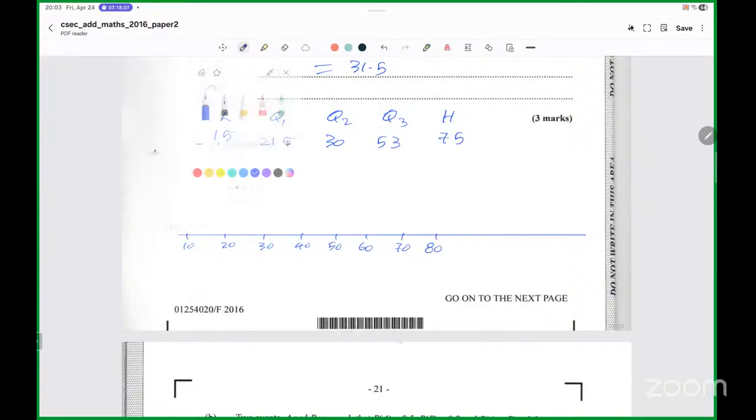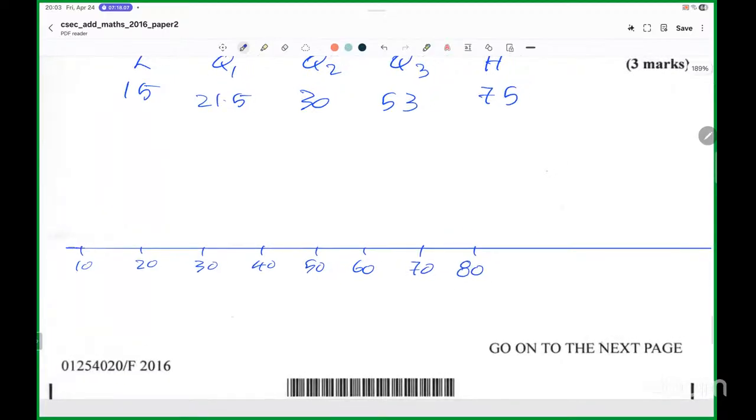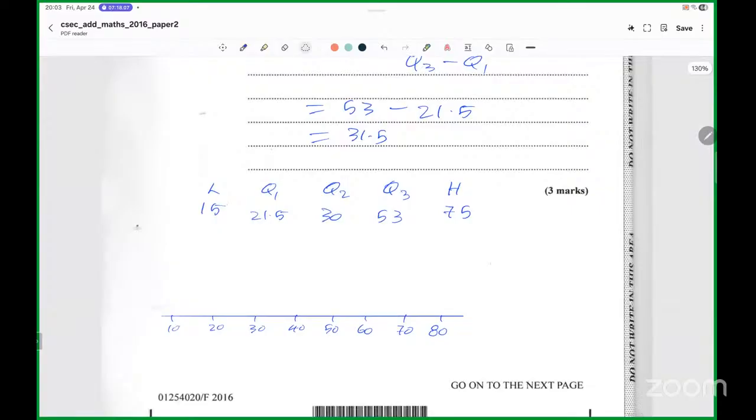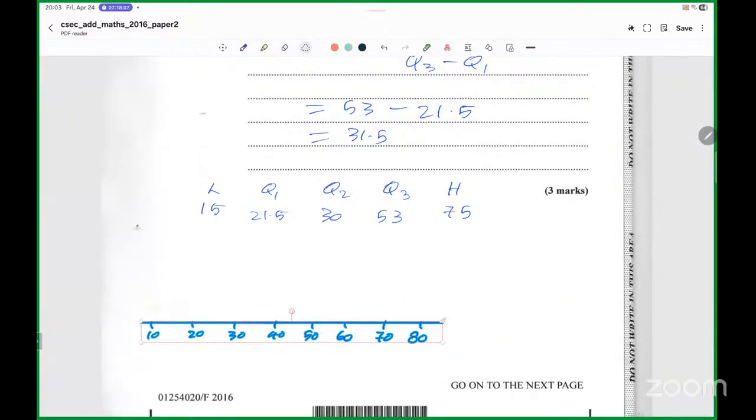All right, let's draw a line through this and expand this somewhat.